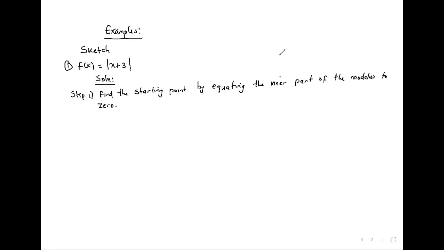So we take x plus 3 in this case and equate it to 0, and then x is equal to -3.